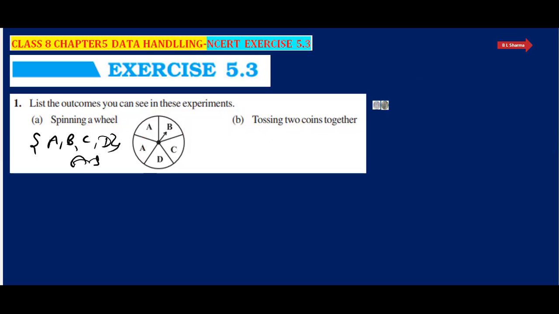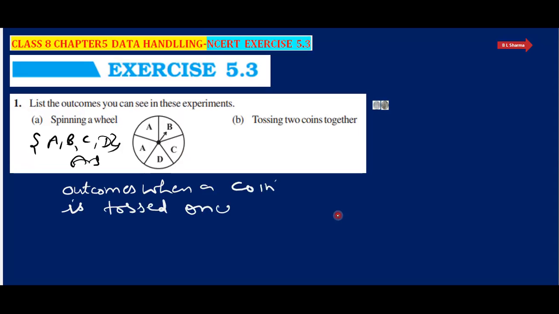So I am writing here probability of outcomes when a coin is tossed once. एक बार जब आप कॉइन टॉस करेंगे, there are 2 possibilities, head or tail.